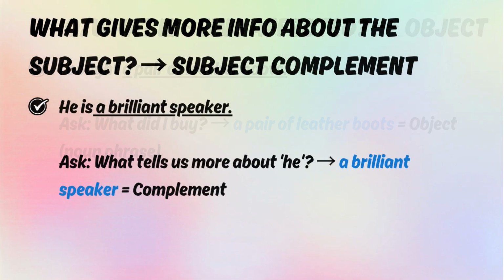Ask what gives more information about the subject. That's your subjective complement. For example, he is a brilliant speaker. What describes him? Who is a brilliant speaker? He is a brilliant speaker. That's the subjective complement.